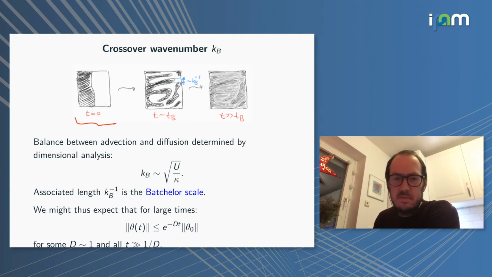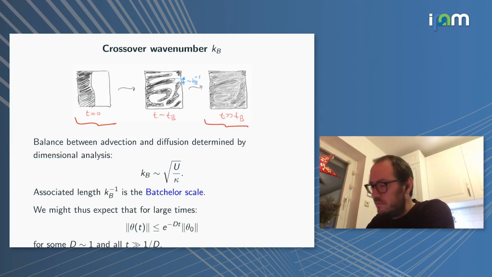So B will stand for balance at this moment, but later also for Batchelor. And then at a later time, for times much larger than this crossover time, we have essentially diffusion. So therefore we have this grayish picture.